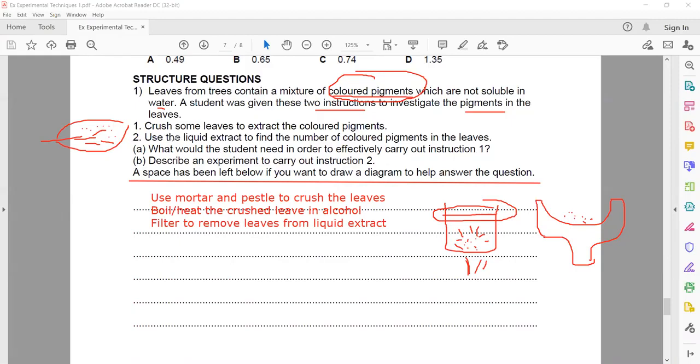The second part: use a liquid extract to find the number of colored pigments. So using a liquid extract, how can we find the number of colored pigments? We can use chromatography.